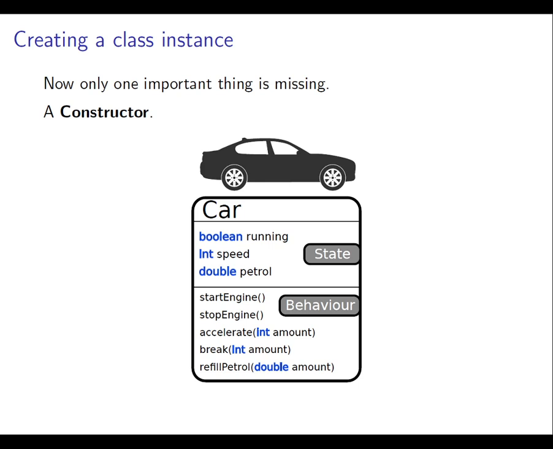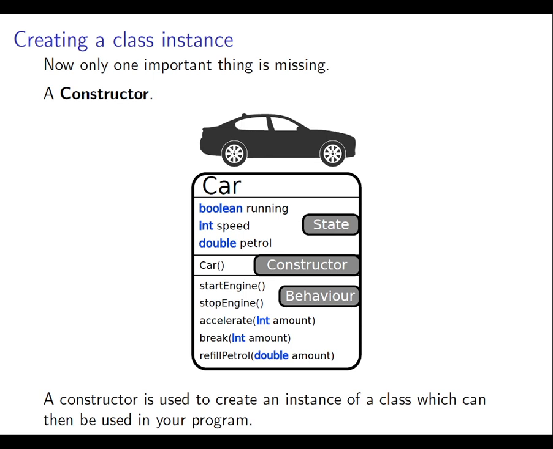And to do that in Java we need a constructor. So a constructor is used to create an instance of a class, and then having created an instance of the class, you can then use that instance, that object, in your program. Once it's been created, it can start receiving messages and sending messages and generally taking part in the program. So the constructor, it's a bit like a method, but it's a special kind of method.